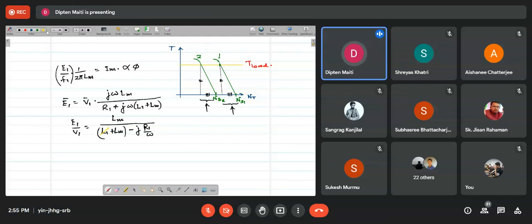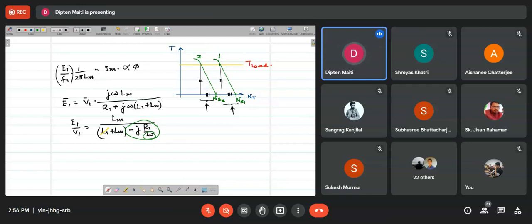Further, we have the problem with the imaginary part, that is R1 by omega. If omega is large, or the applied stator frequency is large, then this R1 by omega would be negligible, so we would be able to neglect it.